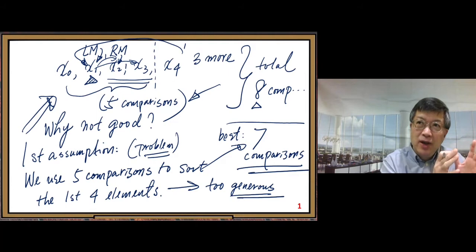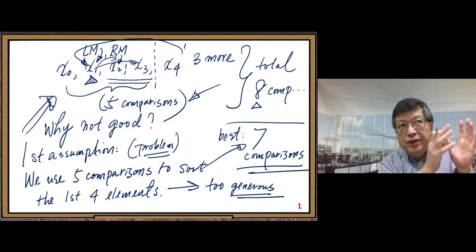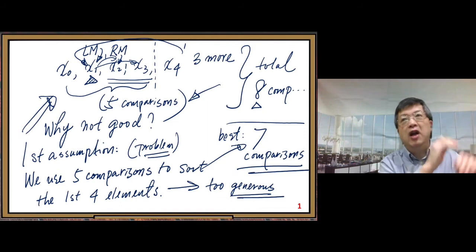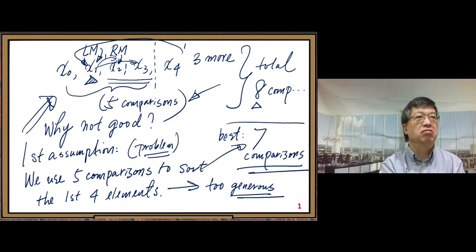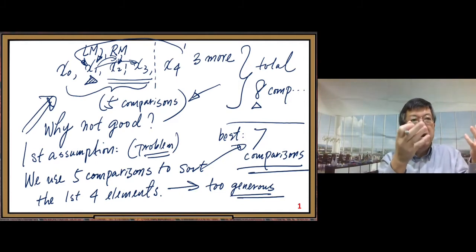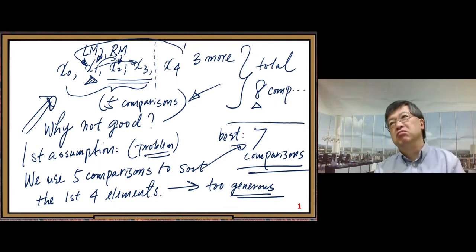We lose partial information from our first 5 comparisons. With our first 5 comparisons, we can do a little more than just sorting the first 4 elements. That's the problem. When we do tweaking, we want to squeeze out a little more information than just sorting the first 4 elements.